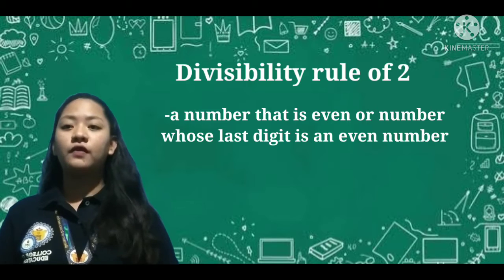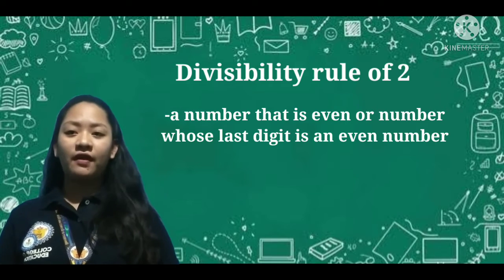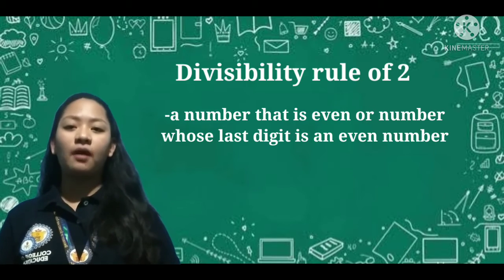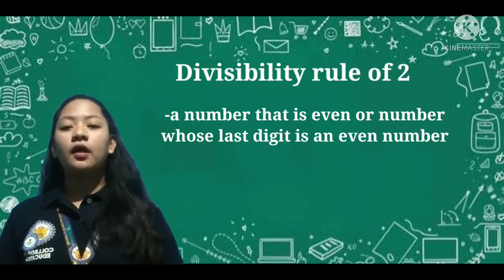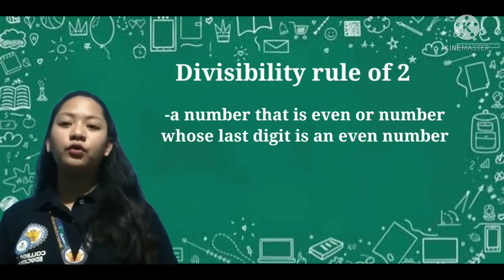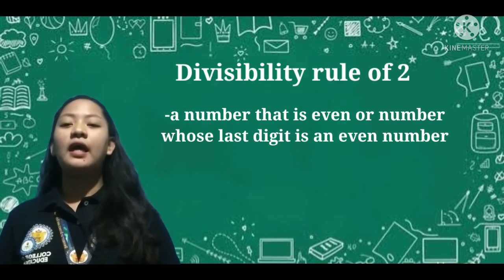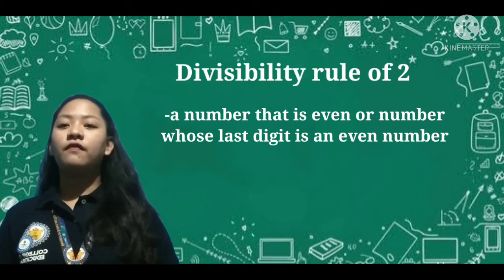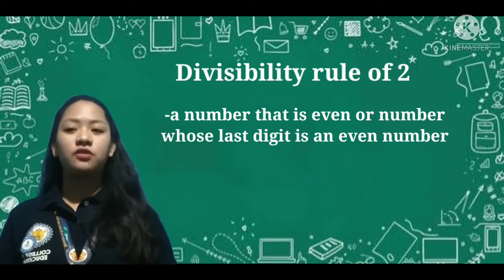Divisibility Rule of 2. If a number is even, or a number whose last digit is an even number, it is divisible by 2. For example, 24, 508, and we all know that 8 is divisible by 2, and 1124, since 4 is divisible by 2, and so on.